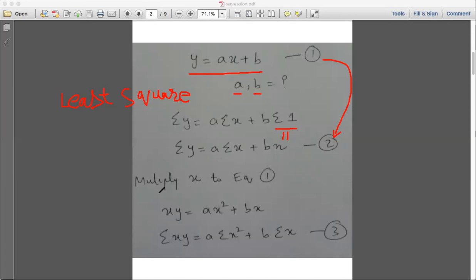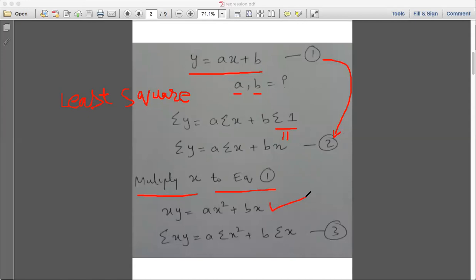Now what is next? Multiply x to equation 1. When we multiply equation 1 with x, it becomes xy is equal to ax square plus bx.